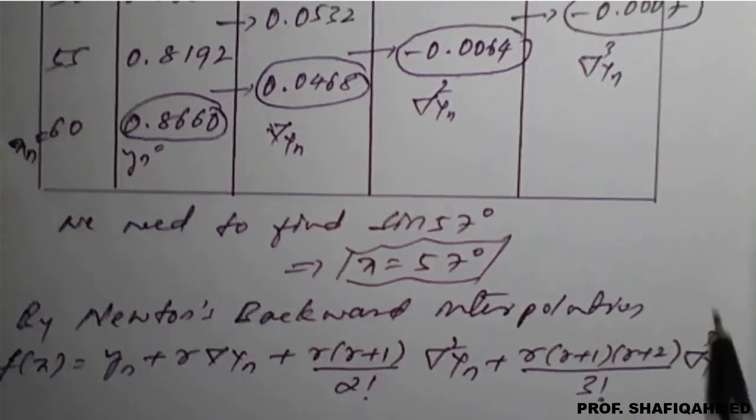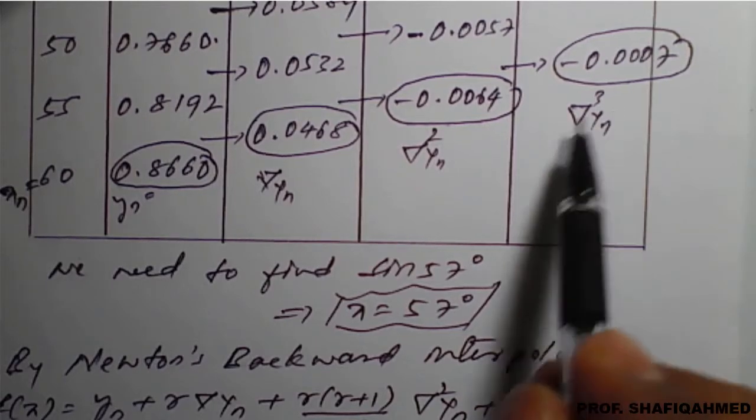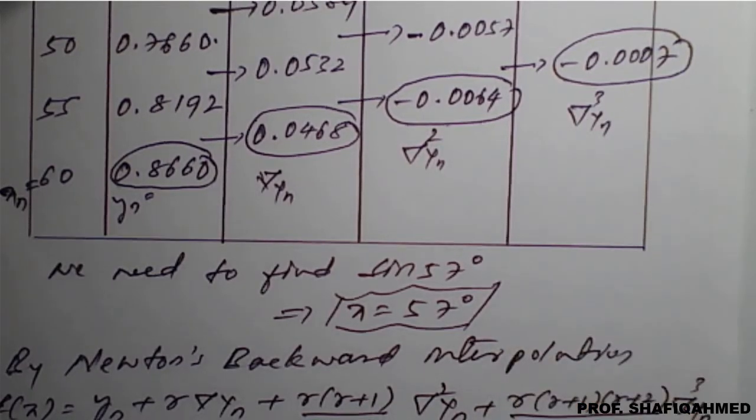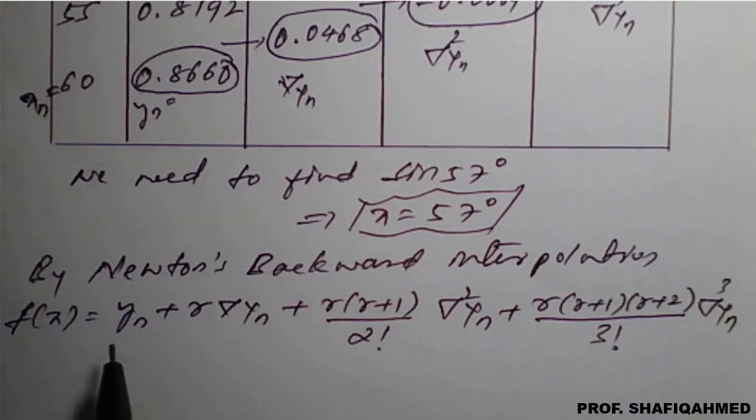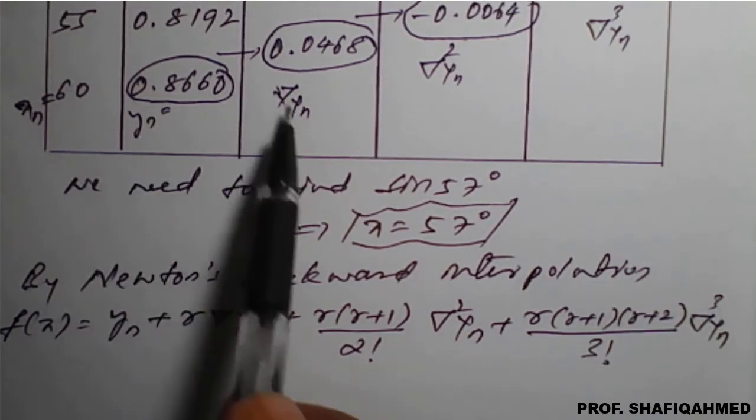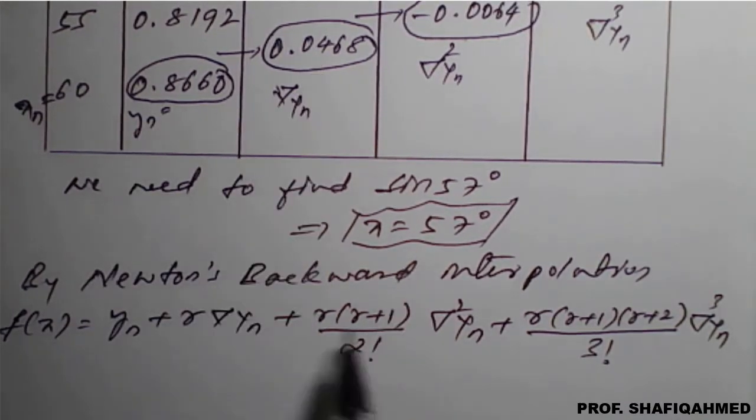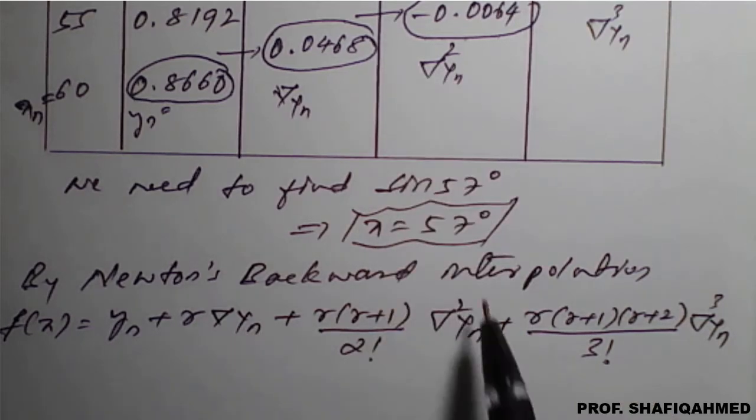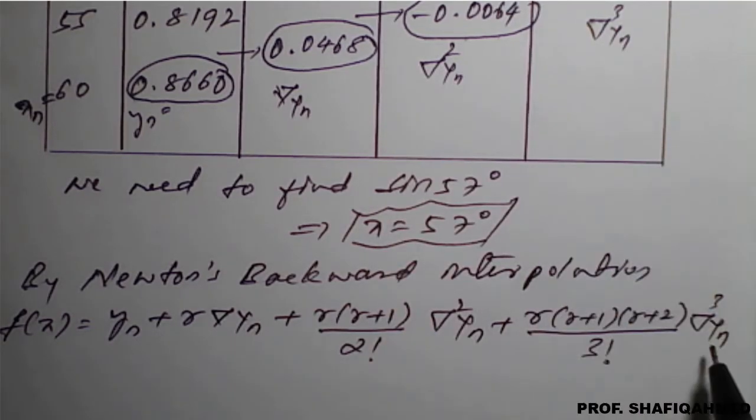I will stop here because the last term of our table is also nabla cube of yn. Therefore we can substitute all the yn values: nabla of yn, nabla square of yn, and nabla cube of yn.